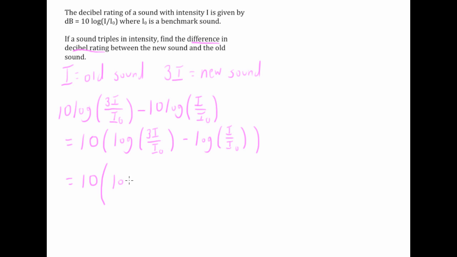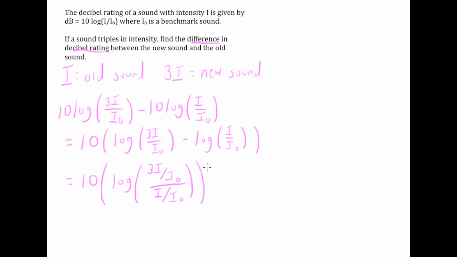So this expression is equal to log of 3I over I sub 0 divided by I over I sub 0. I took the subtraction between the logarithms and turned that into division.